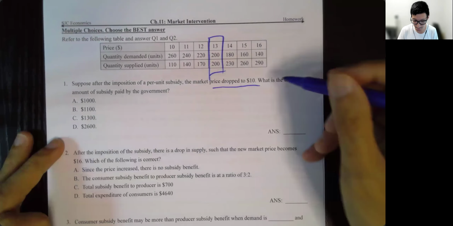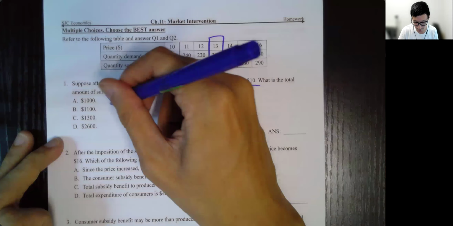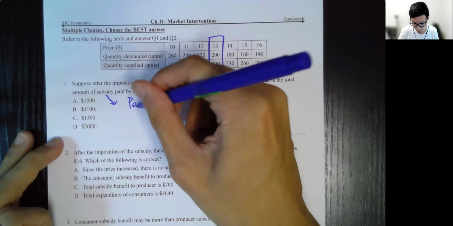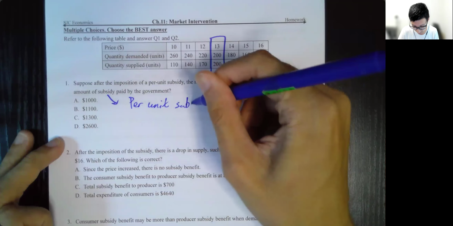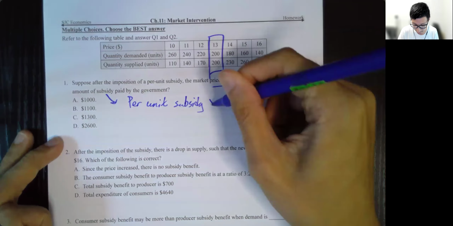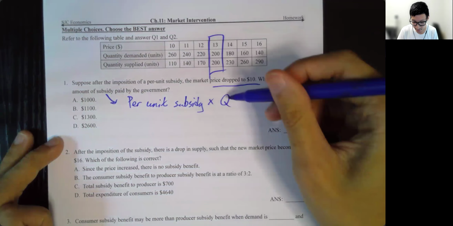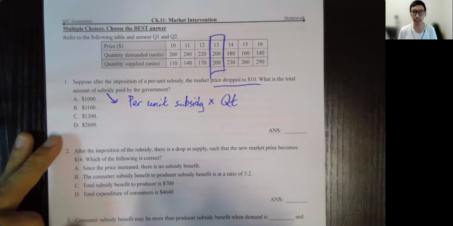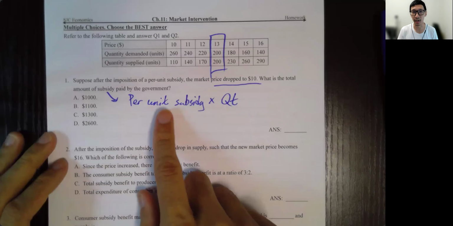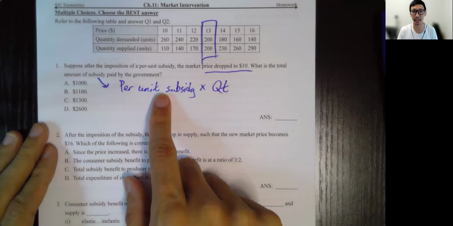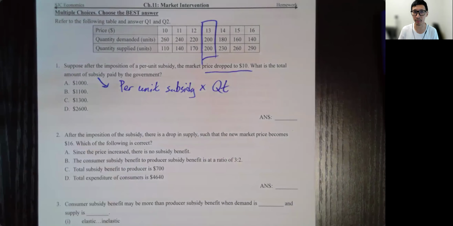Now, we need to determine the total amount of subsidy paid by the government. Just as a revision, the total amount is actually the per unit subsidy times the quantity transacted, okay? This is the total amount. Now, we obviously were not given the per unit subsidy, but can we deduce that? Yes.